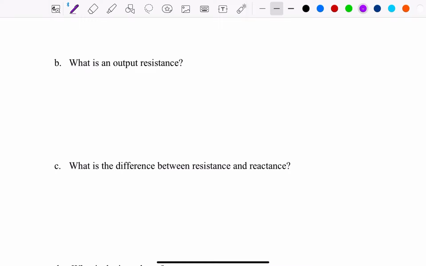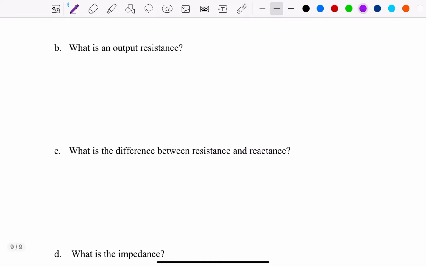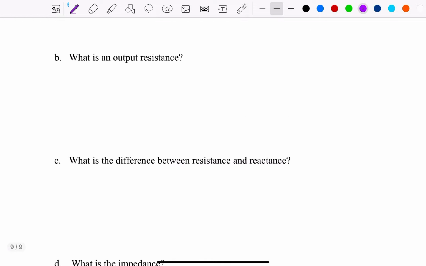Okay. High output resistance can cause signal degradation, affecting the efficiency of power transfer to the load. Okay, so for questions A and B, you should just focus on the characteristics of input voltage and output voltage. Okay, let's move on to question C.